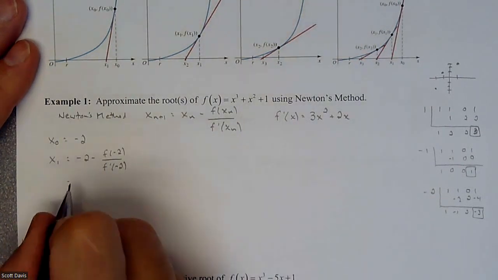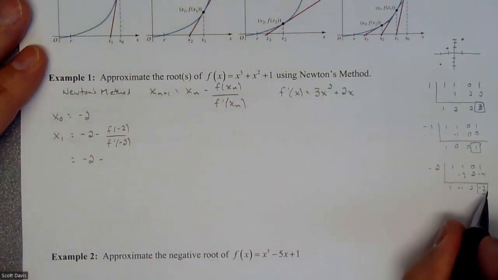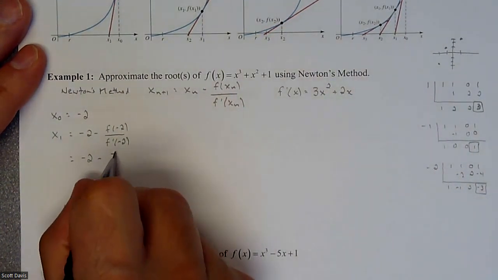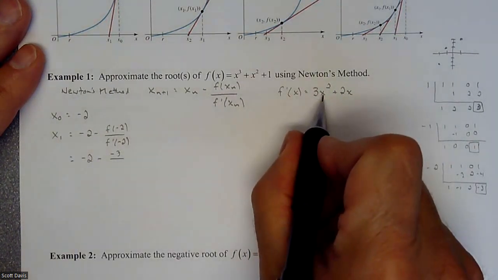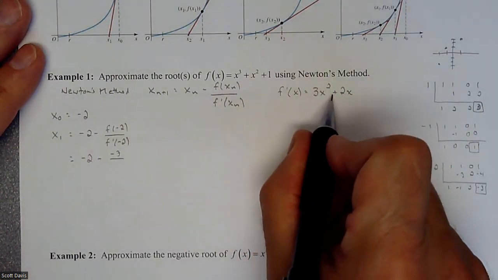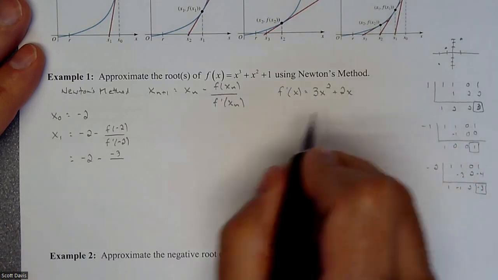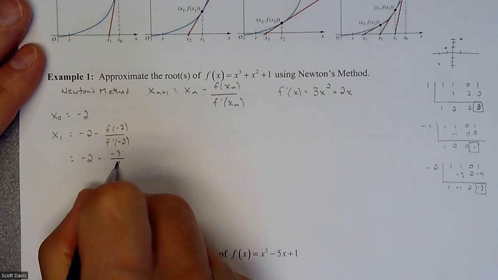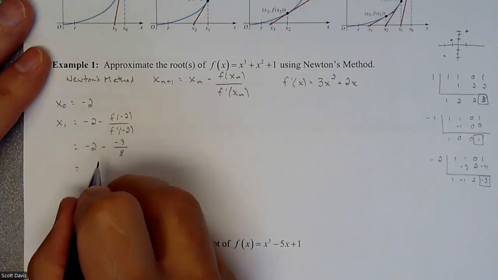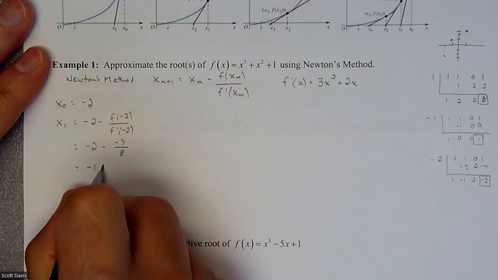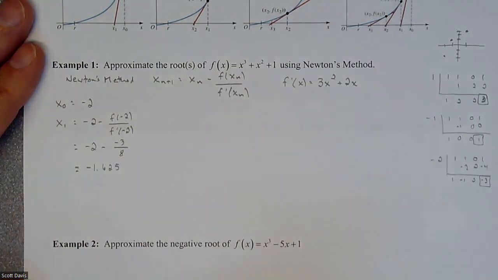If I do that math, -2 minus the y value I just found, -3, divided by, if I plug -2 into the derivative, I get 4 times 3 is 12, 12 minus 4 is going to get me an 8. So if I plug that in and add that to the -2, I get -1.625. That gives me an approximation.